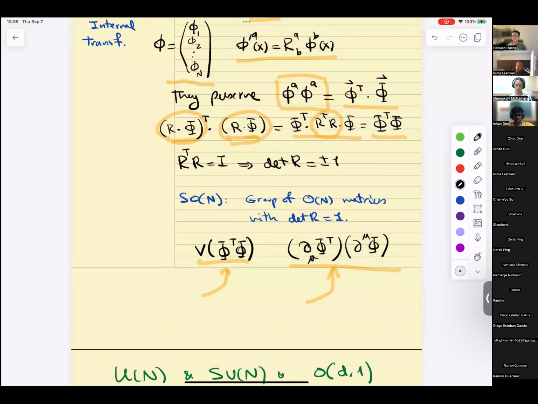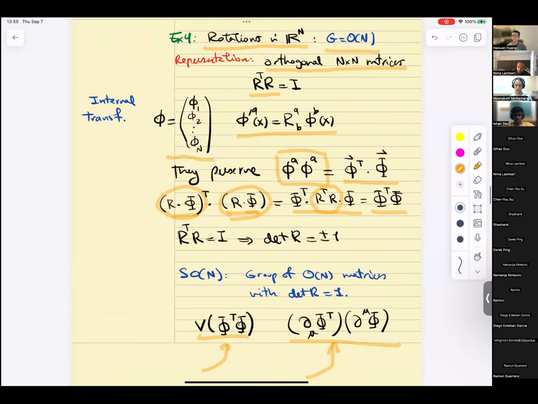Now, of course, this formula tells you that the determinant of R transpose times determinant of R is identity, from which you learn that the determinant of R is either +1 or -1. Now, if you restrict to the set of orthogonal n by n matrices that have determinant 1, under multiplication, the determinant doesn't change.